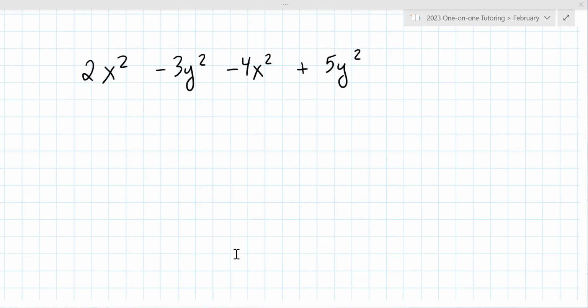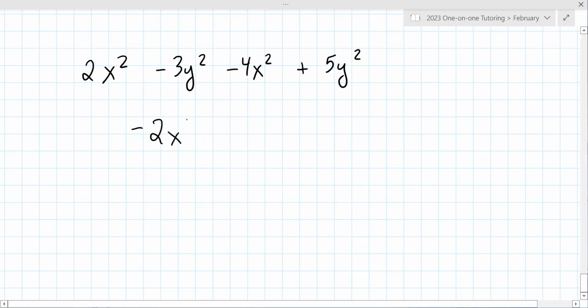Is it negative x squared plus 2y squared or positive 2y squared? It's negative 2x squared and then plus 2y squared.